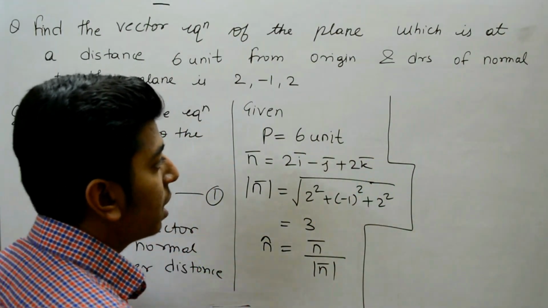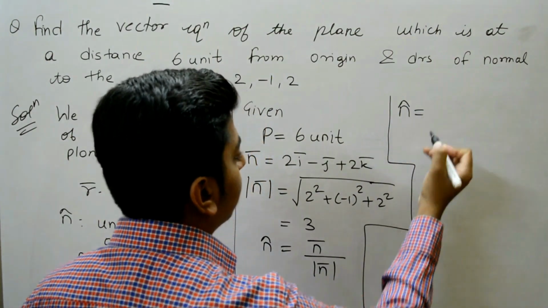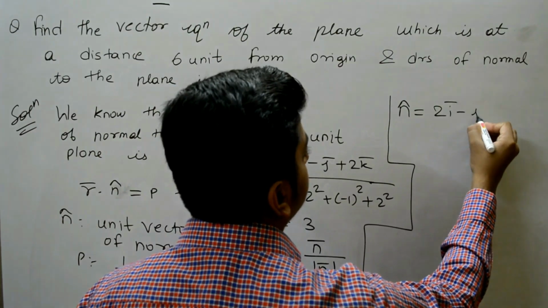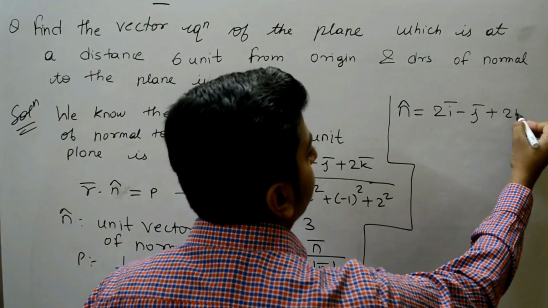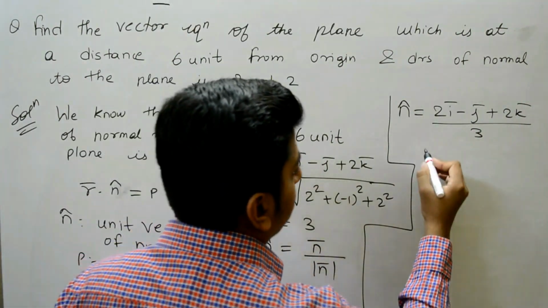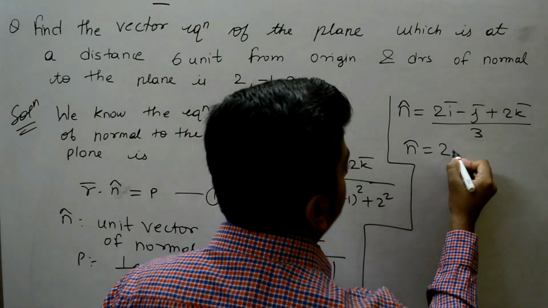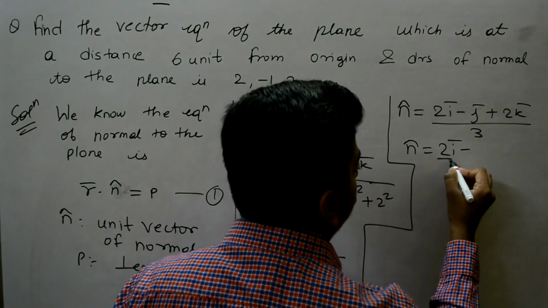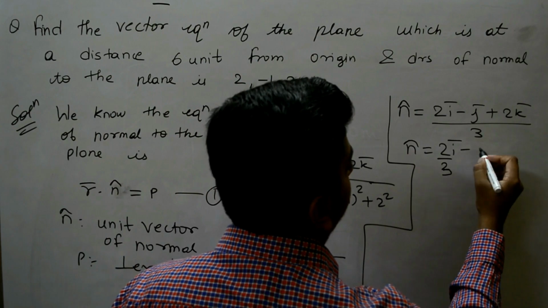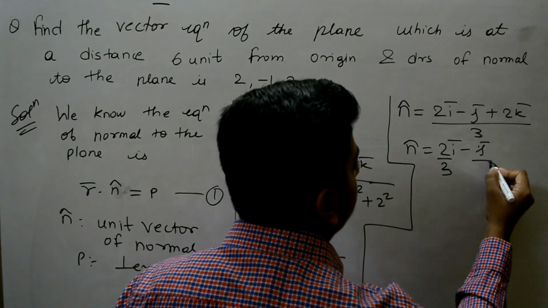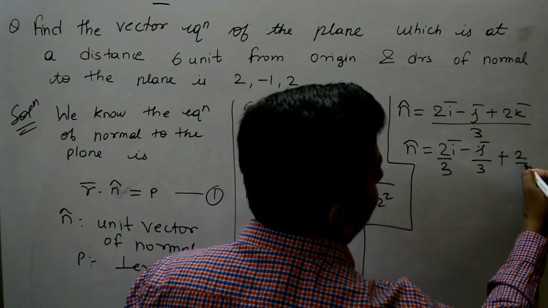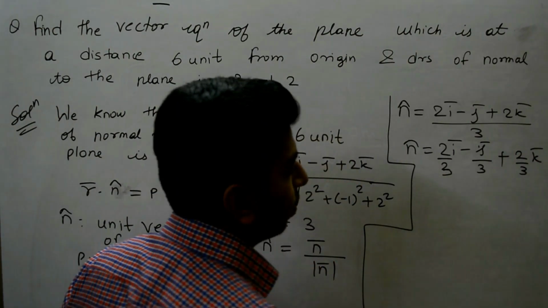By substituting, N cap is equal to the vector, that is 2I bar minus J bar plus 2K bar, divided by 3. That is N cap is equal to 2 by 3 I bar minus J bar by 3 plus 2 by 3 K bar.